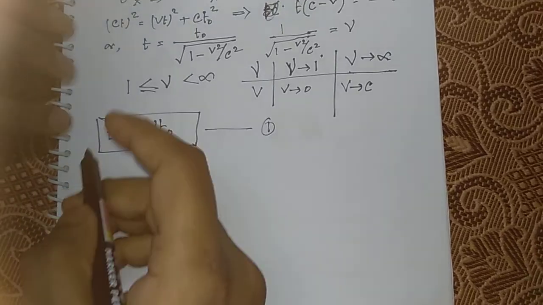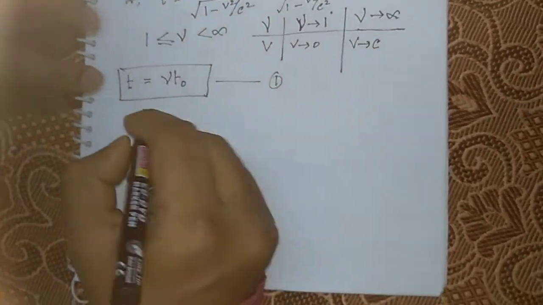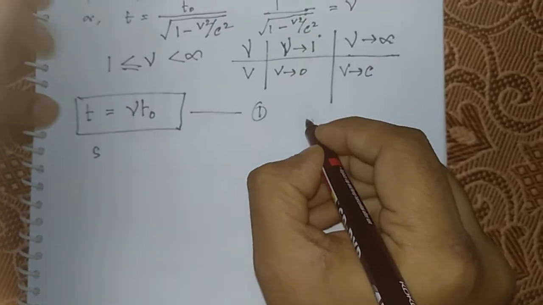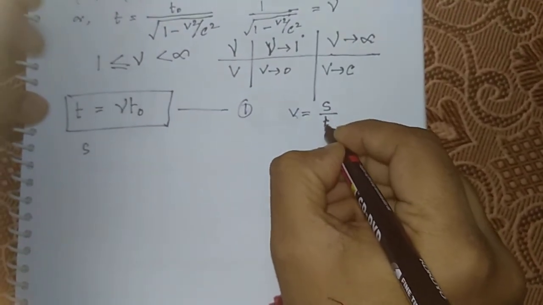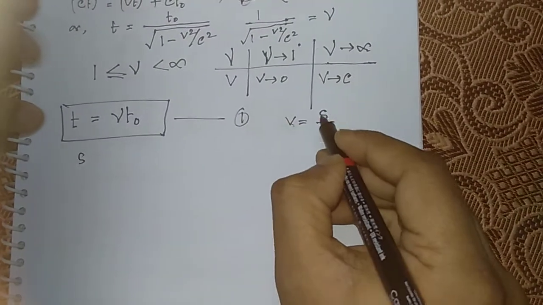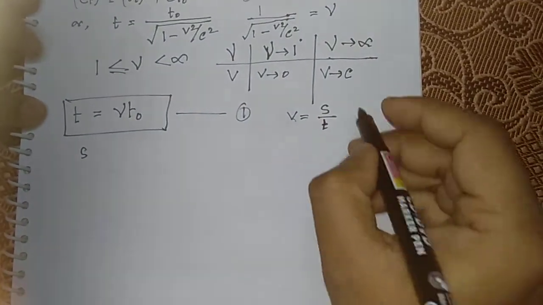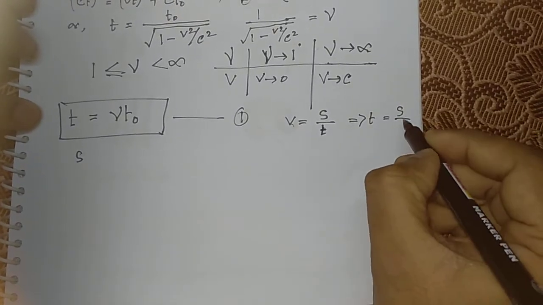Now we have a well known formula: velocity is equal to distance divided by time, v equals s by t. From this I can derive that t is equal to s by v.